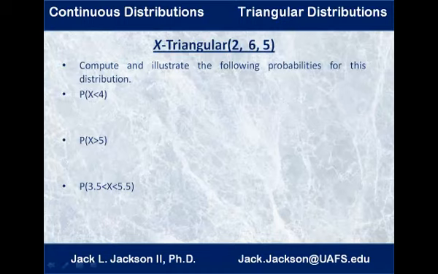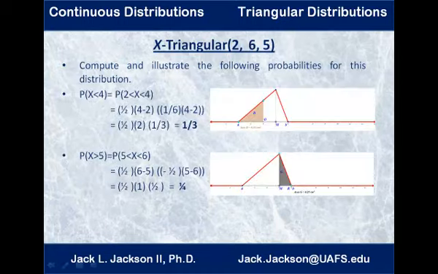Okay, well, we're back. Let's look at this first one. Probability that x is less than 4 really is the probability that x is between 2 and 4, because there is nothing less than 2 that's going to give you any probabilities out there. Zero probability out that way. So we're finding the area of this little shaded triangle.